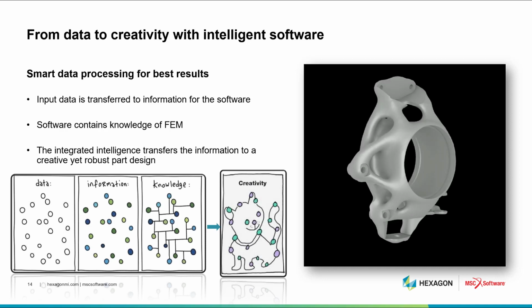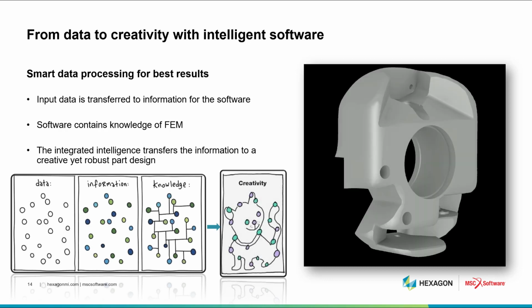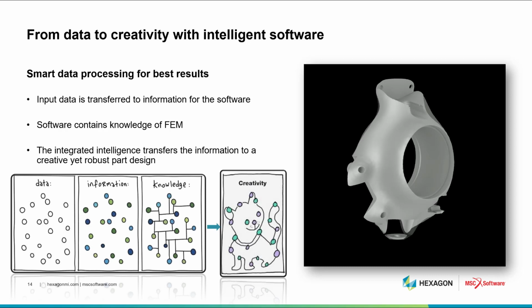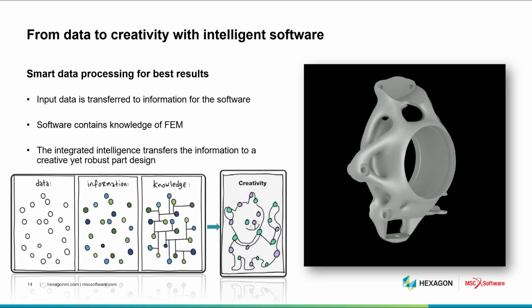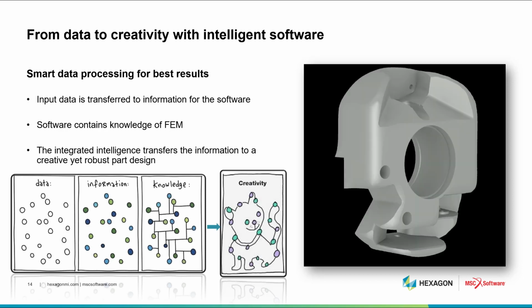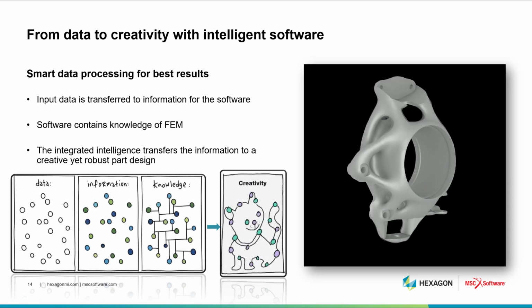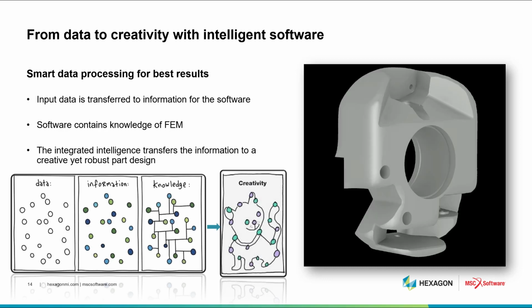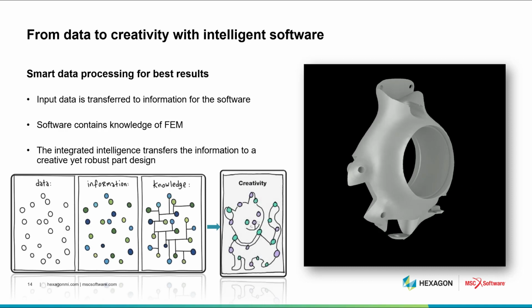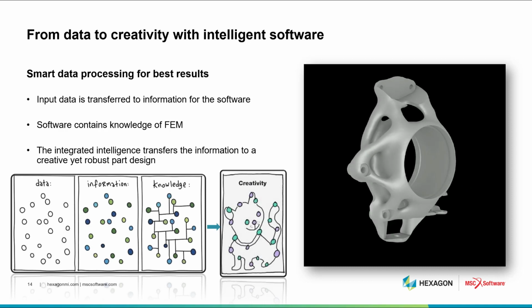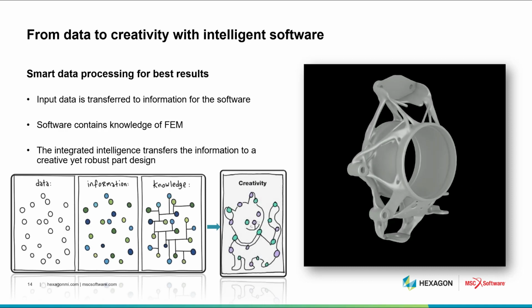We do have information on these, which is the loads, and we gain knowledge about how they are connected by finite element calculations. And if we put all of this together and get some additional parameters inside, then we are gaining creativity. And creativity that fits all the needs is something like intelligence. So this is what our software does.